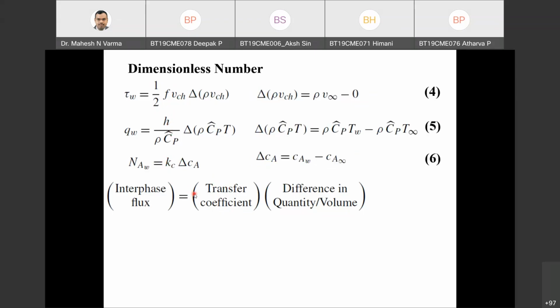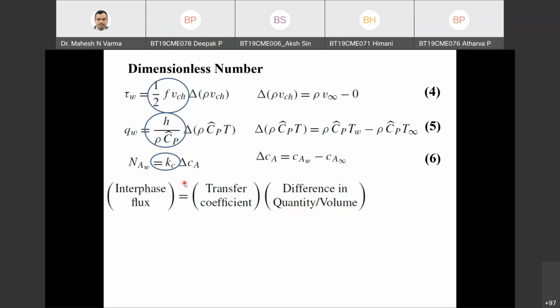Here delta Ch represents rho into V infinity multiplied by 0, as velocity at the interface will be 0. Delta rho Cp T will be rho Cp Tw at the wall minus rho Cp at bulk temperature, and delta C will be the driving force.